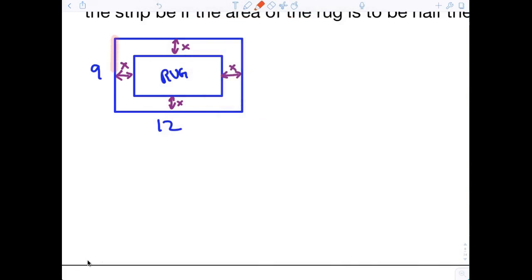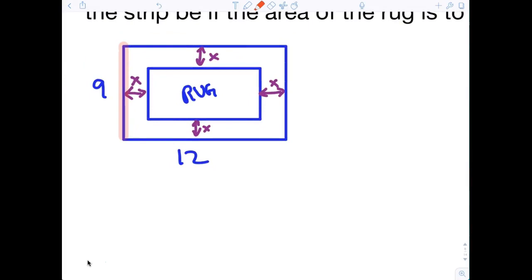Somebody tell me, what's this length from here to here? 9. All right, now the hard part, so I need you to pay attention. What's the distance from here to here? X, thank you. What's the distance from here to here? X. Now the hard part. What is the distance then from here to here?